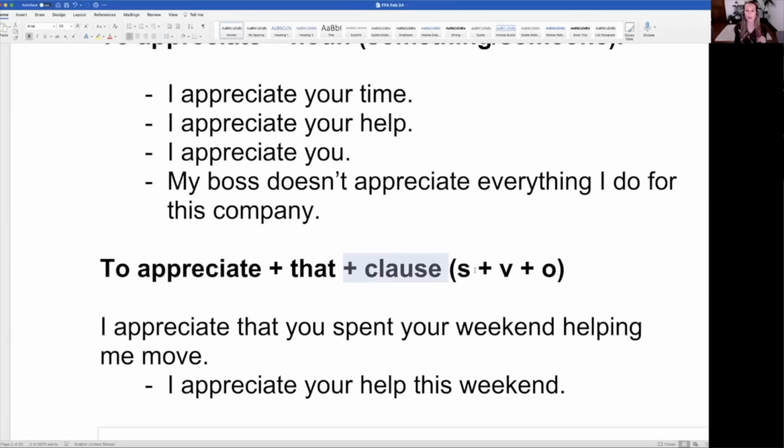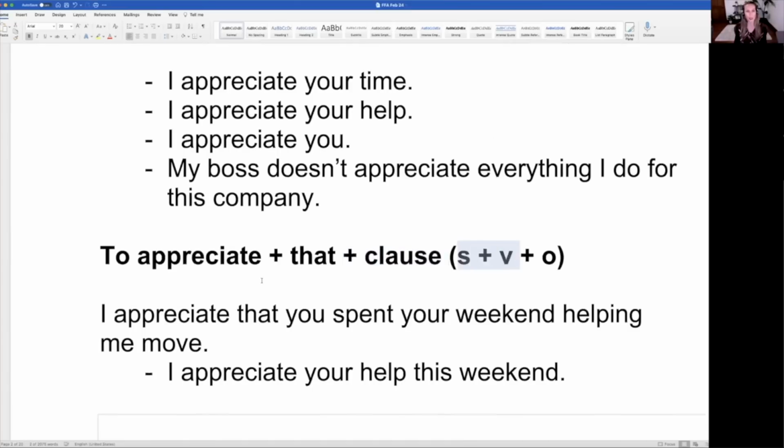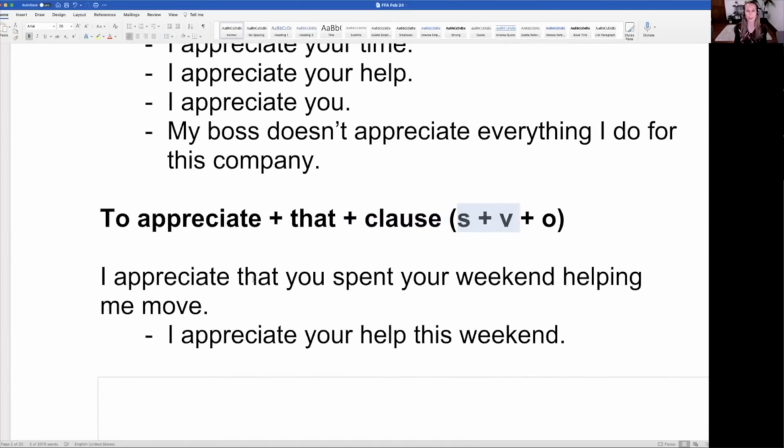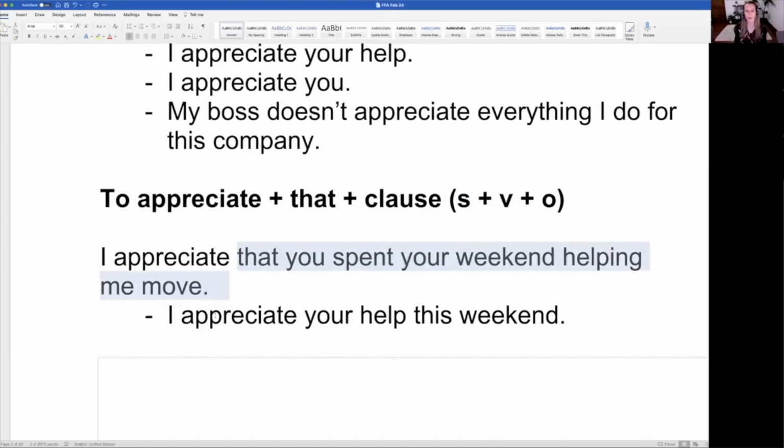Now, for a clause, you need a subject, a verb, and a lot of the times an object, but at least you need a subject and a verb. So you can say, "I appreciate that you spent your weekend helping me move." Now, this really means the same thing as "I appreciated your help this weekend."